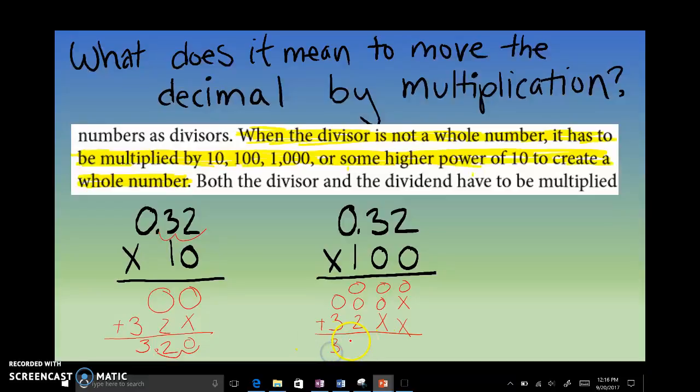We have 3, 2, 0, 0. And we use the rule of multiplication. Move the decimal point 2 out. Then our answer, I have to move it back 2. So this is how it works mathematically to create this decimal movement. So that's what it's talking about when it says you're multiplying by some power of 10.